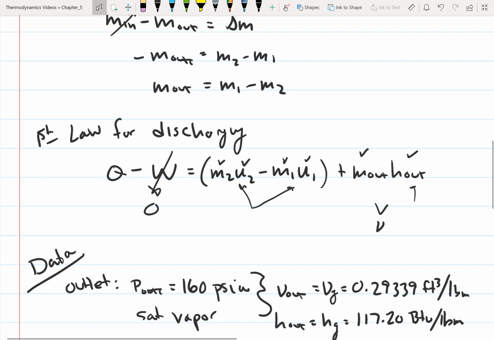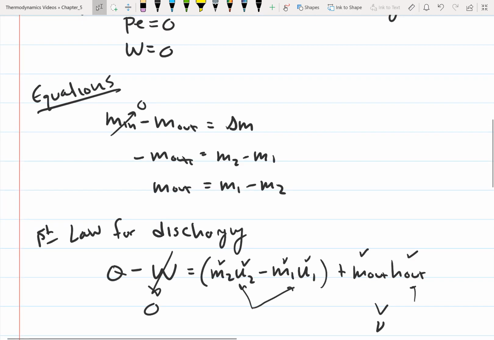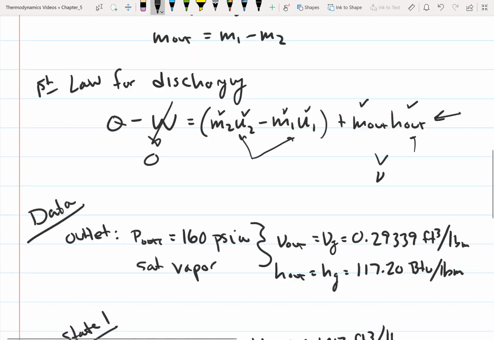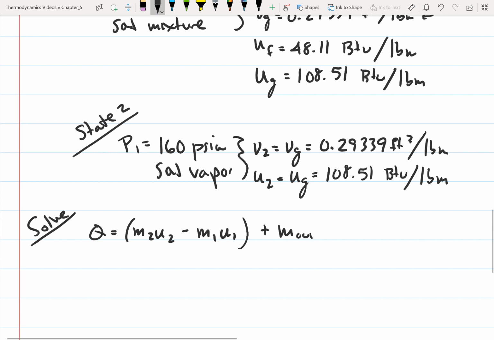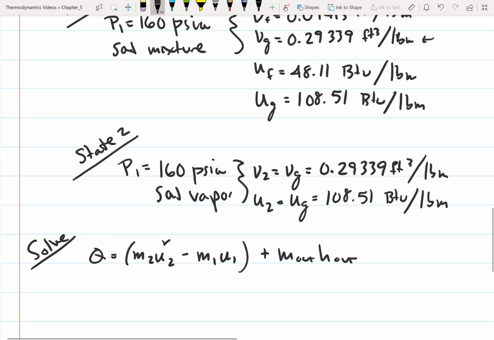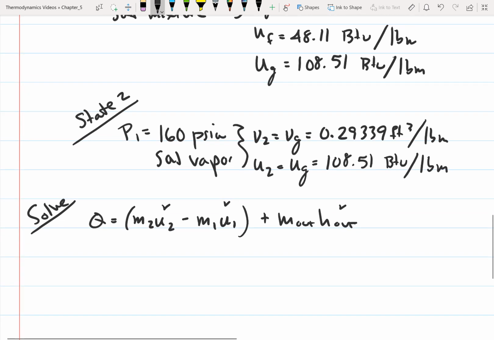Now let's go back to our equations, and I'm going to write down the equation for the energy balance, and then we'll look at how we're going to solve this. So we have Q is equal to M2 U2 minus M1 U1 plus M out H out. We have U2, U1, and H out. What we need are these masses.